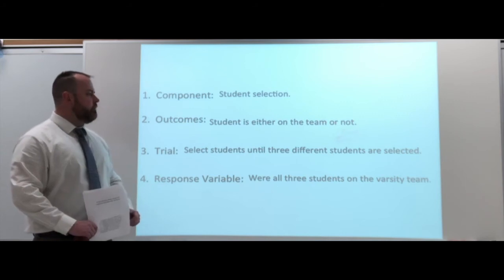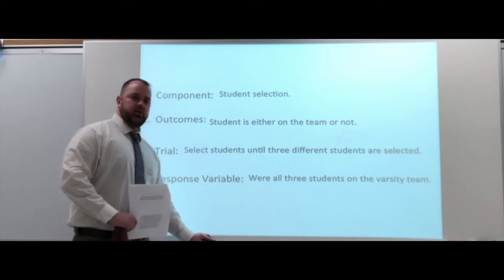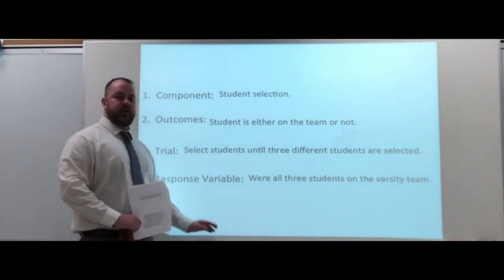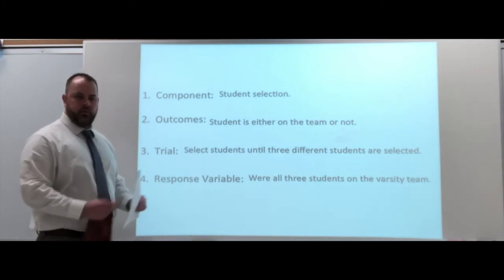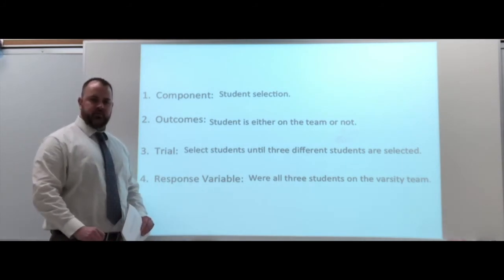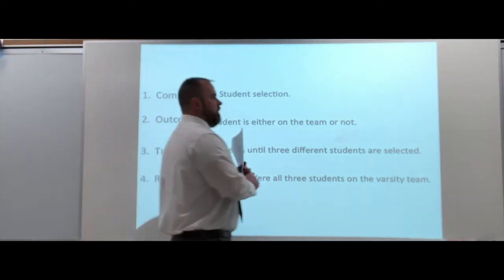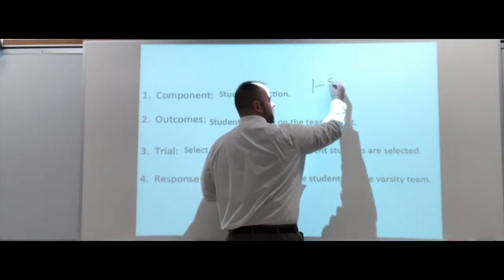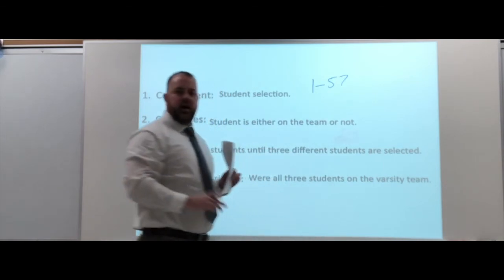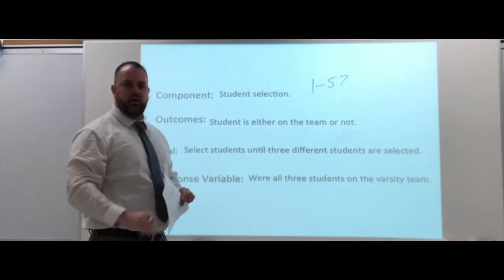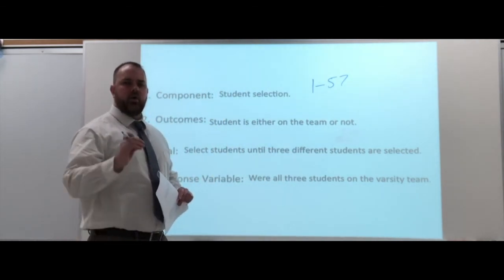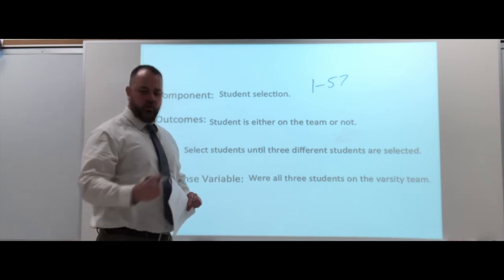Okay? So the integers that we're going to use. We know 57 people signed up for this dorm room. So I'm going to use the integers this time, 1 to 57. Every student's going to be represented 1 to 57. I know 20 of them are on that sports team.